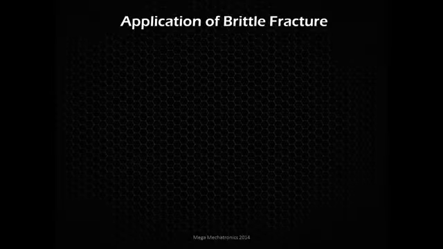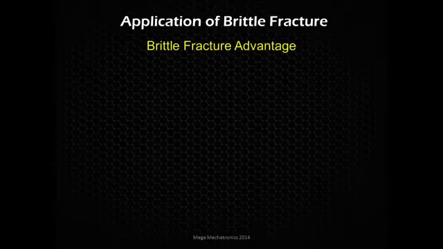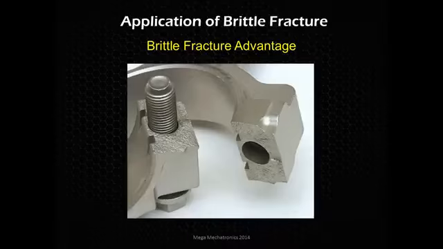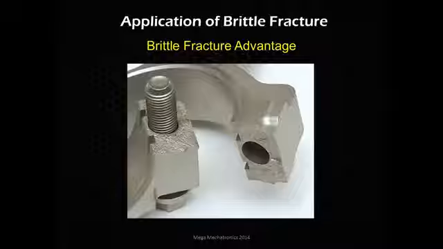So, to make that a little more clear, let's look at an application of a brittle fracture, and how we can use that brittle fracture to our advantage: automotive rod end caps. And these even come from the factory, high performance. These are cracked cap rods. So they'll build this rod end, and they'll put it in a special fixture, and just crack it off.